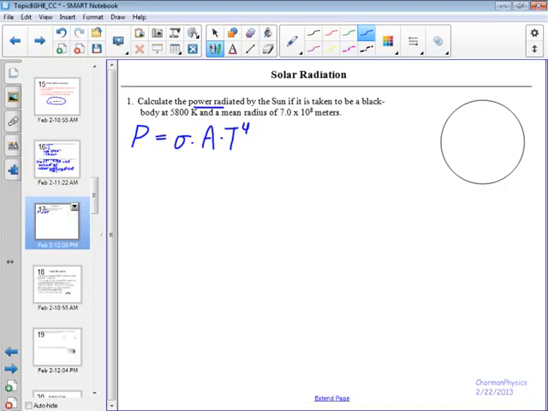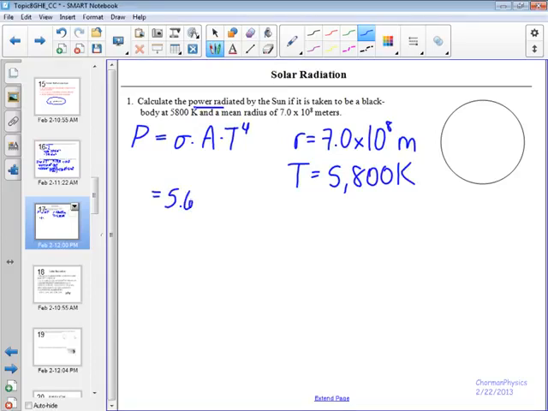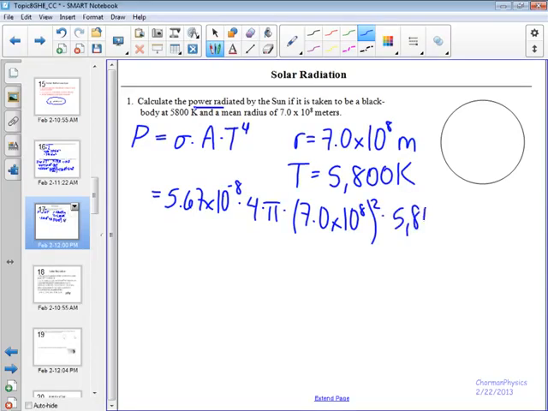We have all of our variables that we would need for this, the radius being 7 times 10 to the 8th meters, and the temperature being 5800 Kelvin. Sub in all of our values, and we get 4 times pi times our radius squared times 5800 to the fourth power.